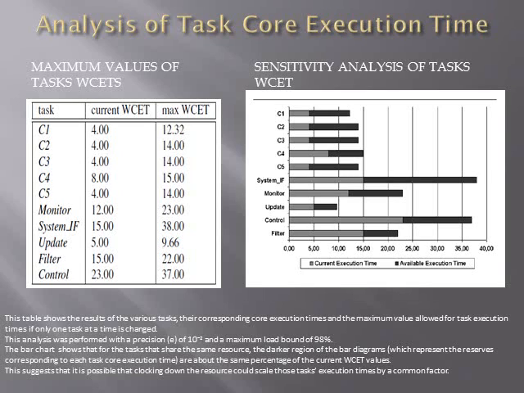The bar chart shows that for the tasks that share the same resource, the darker regions of the bars, which represent the reserves corresponding to each task's core execution time, are about the same percentage of the current worst-case execution time values. This suggests that clocking down the resource could scale those tasks' execution times by a common factor.